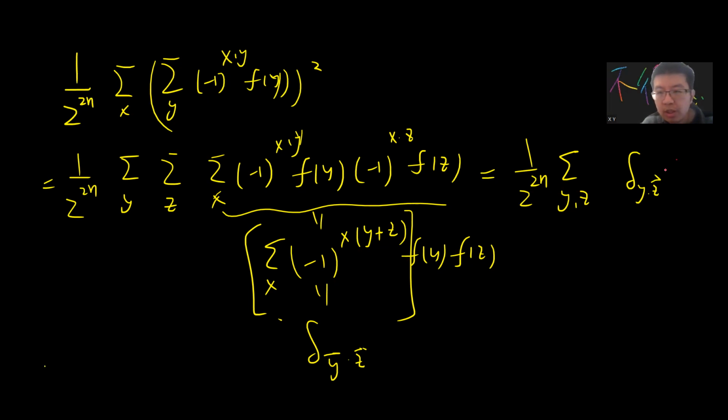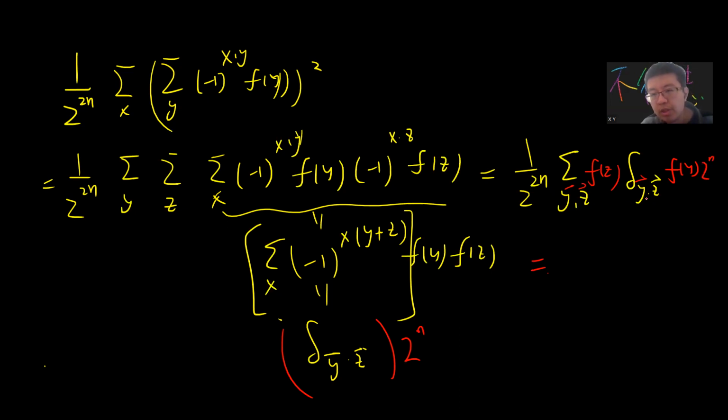Because of f of y and f of z. Sorry, I still forgot about this 2 to the n. Because if y and z are the same, then this will be 1, 1, 1, 1, summed over x gives 2 to the n. So there's a 2 to the n here.